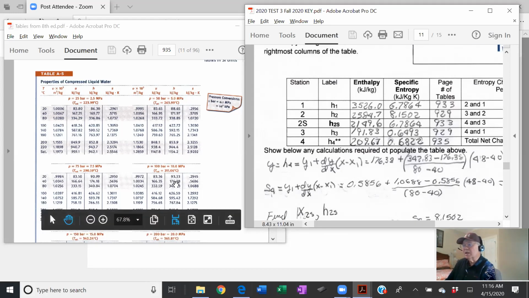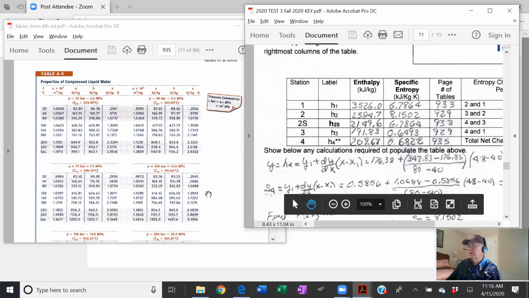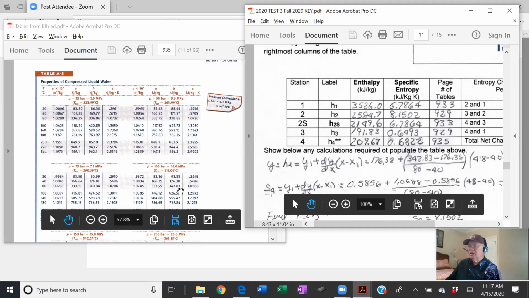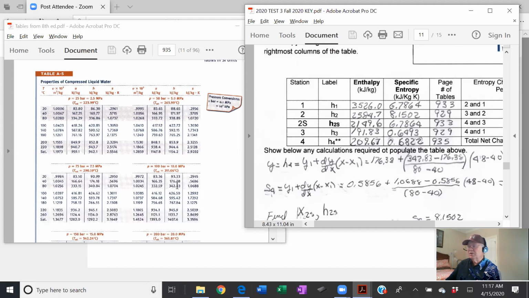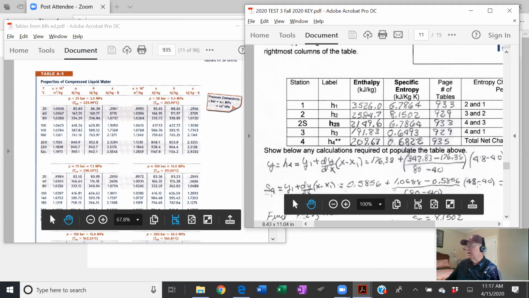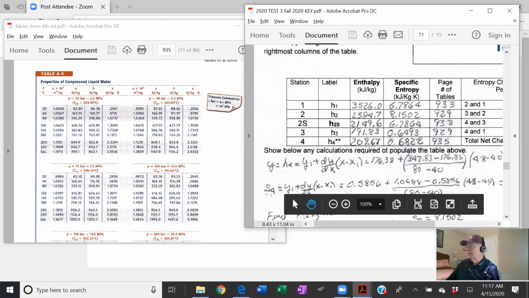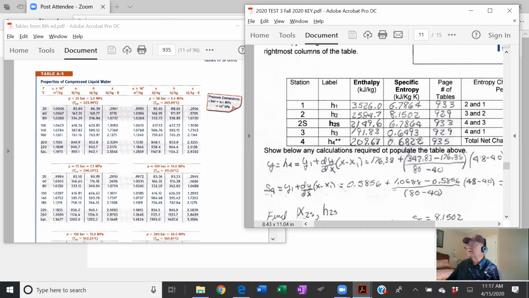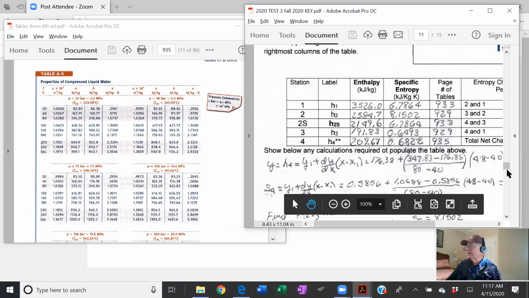Oh, I'm on the wrong line, I got you, here I am. So it's y1, which is 176.38, plus dy/dx. dy is 342.83 minus 176.38, and dx is 80 minus 40. Then times x minus x1, 48 degrees minus 40.